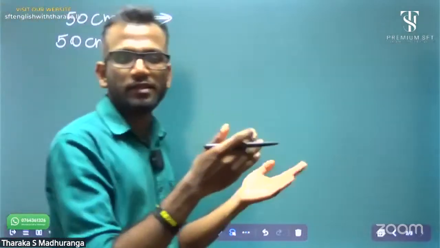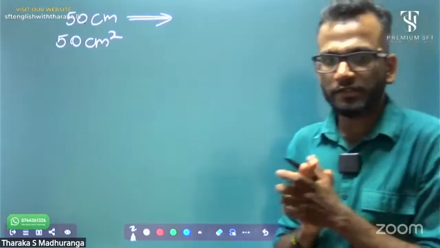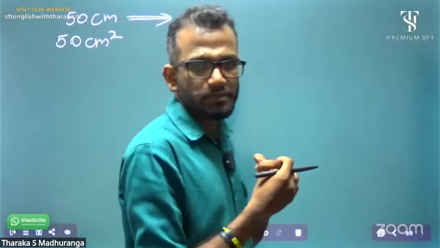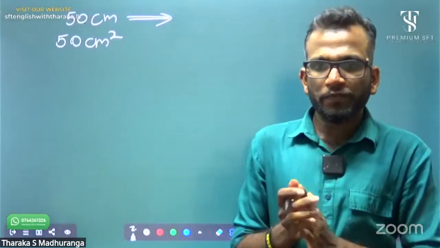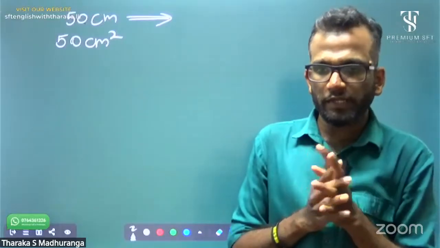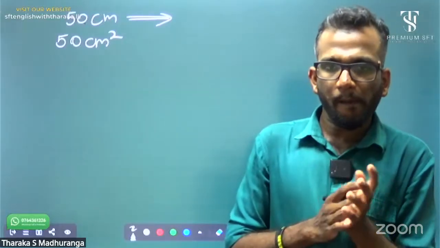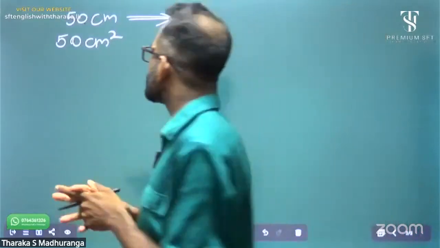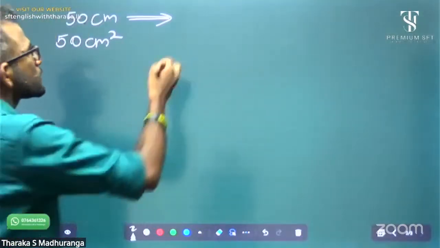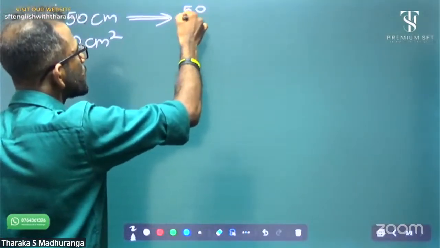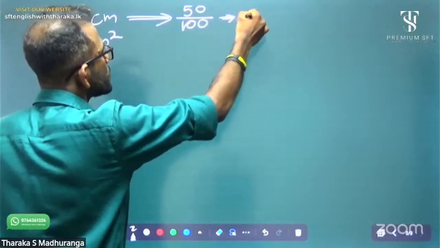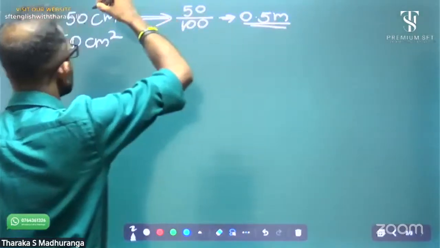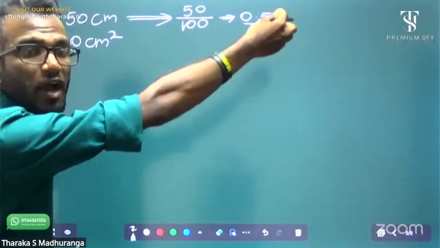It's a distance or length. Very good, 50 divided by 100, 0.5 meters. 50 centimeters means 0.5 meters, a half meter.